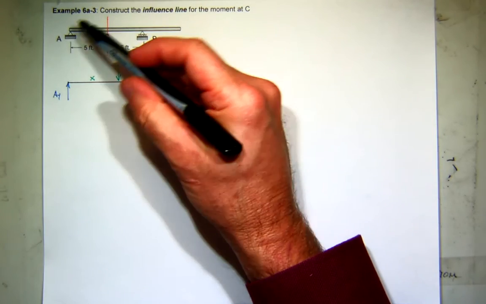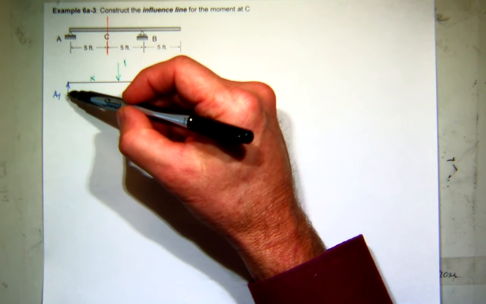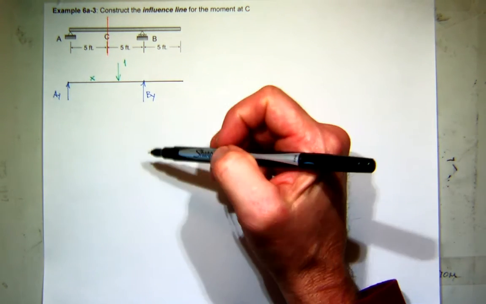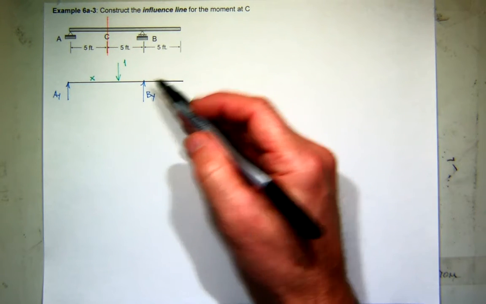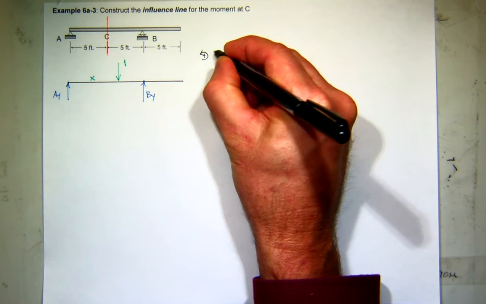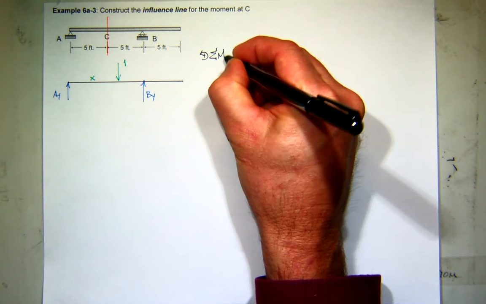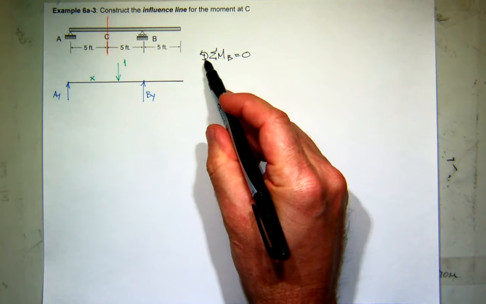Since we've already decided we want to work the left side, and that requires the reaction at A, I want to find the reaction at A for this moving load. So how do I do that? Sum moments about where? B. So let's do that. I'm going to sum moments about B, make sure the structure is in equilibrium. I'm assuming right-hand rule.